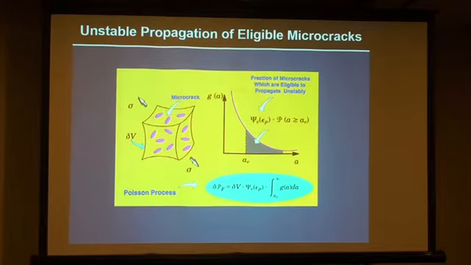We took again the microcrack distribution, and then we assumed that only a fraction of those microcracks are eligible to propagate. In other words, in the fundamental Beremin equation, we introduce here a C sub C, which represents the fraction of the microcracks which will eventually propagate.